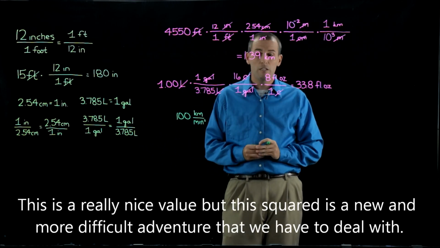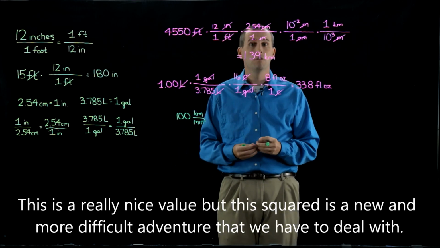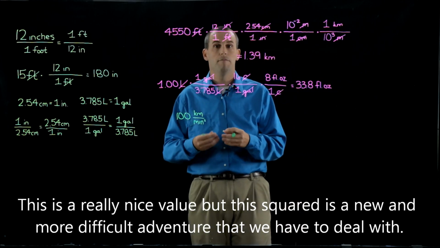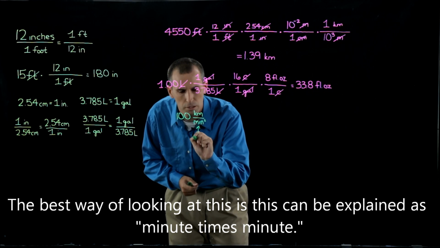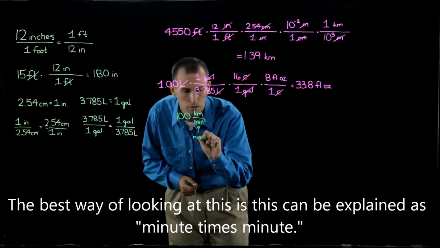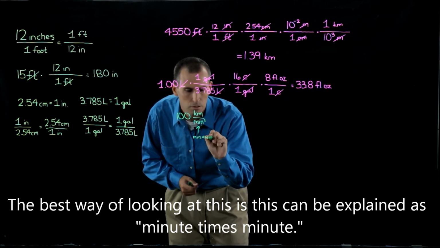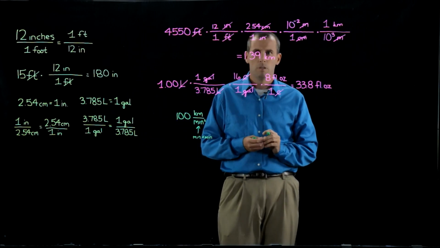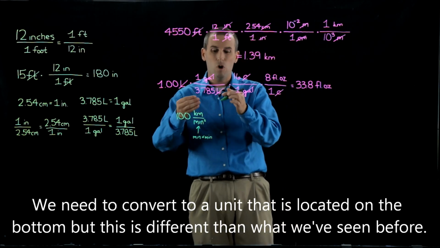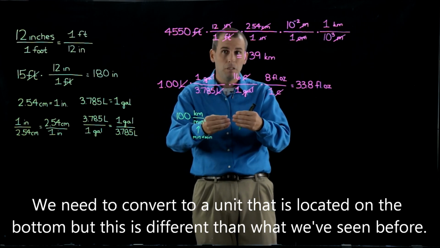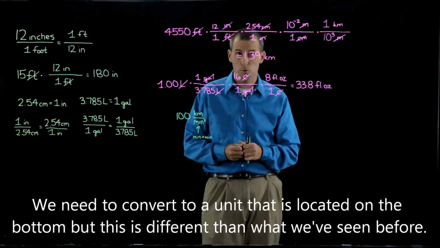This is a really nice value, but this squared is a new and more difficult adventure that we have to deal with. The best way of looking at this is this can be explained as minute times minute. We need to convert to a unit that is located on the bottom, but this is different than what we've seen before.